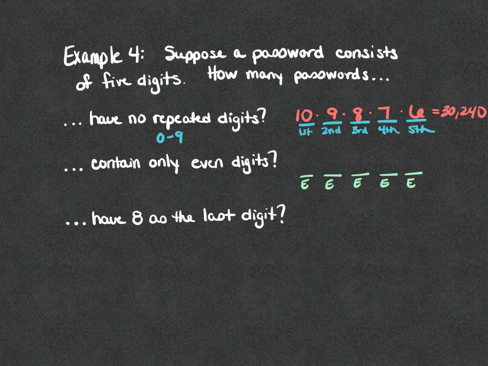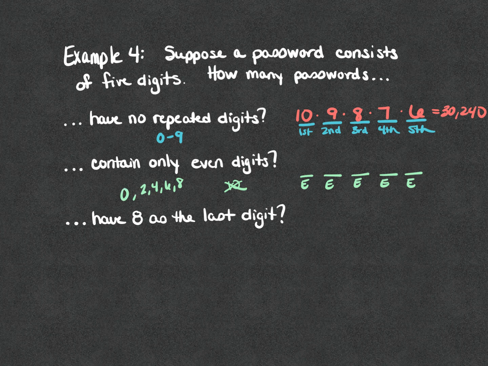How many passwords contain only even digits? All right, so one of the first things is we need to count how many even digits there are. So 2, 4, 6, 8. Now, notice that 10 is not a digit. 10 requires the 2 digits, 1 and 0, to make a 10. So 10 is not a digit.